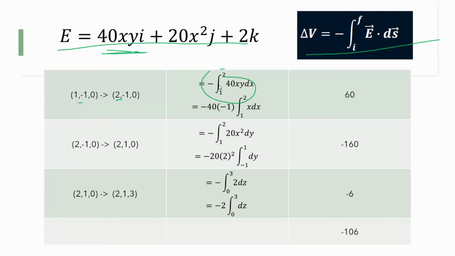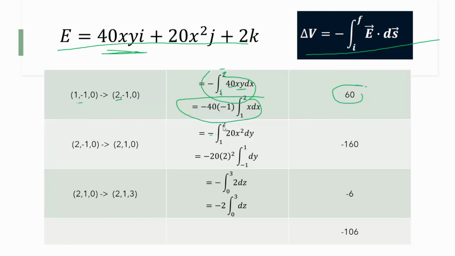So, that's negative integral from 1 to 2 of 40xy dx. So, constant yung 40, constant yung y. So, lalabas mo yun. So, magiging negative 40 times negative 1 integral of x dx, 2 to 1. Pwede mo na itong i-plug in sa calculator mo. Lalabas is positive 60. So, yan.